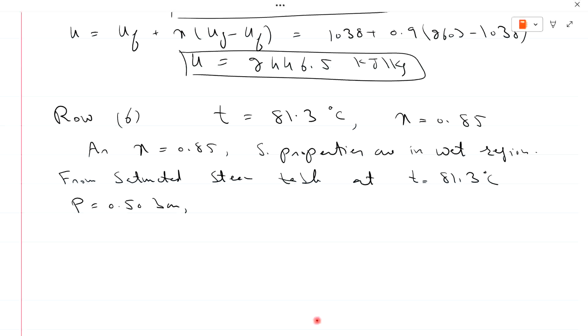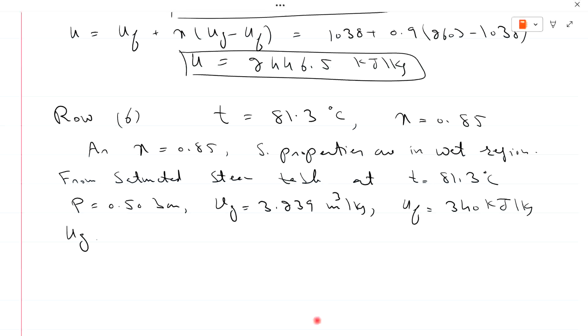Vg is equal to 3.239 meter cube per kg. Uf is equal to 340 kilojoule per kg.